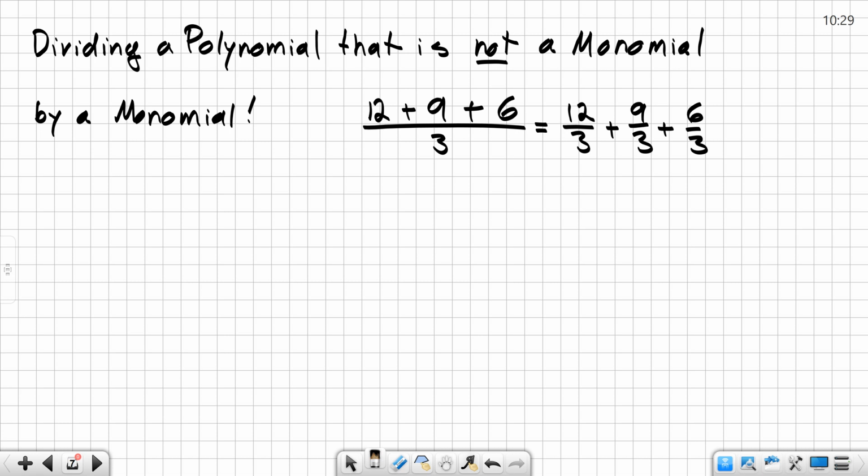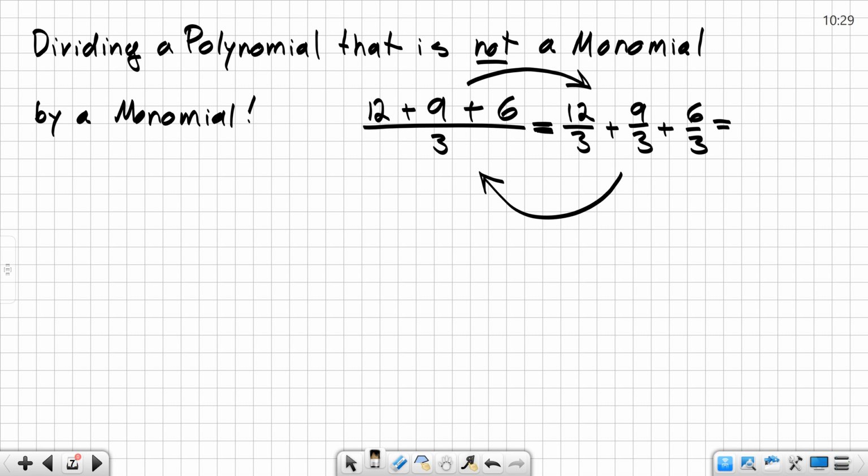Everything gets divided by 3. This was the definition for addition of fractions. They have the same denominator, which means I just add the numerators. Of course, I can always go in this direction because these are equal to each other.